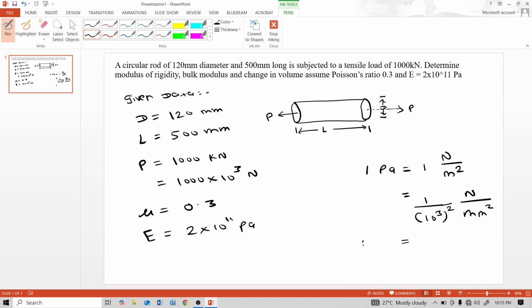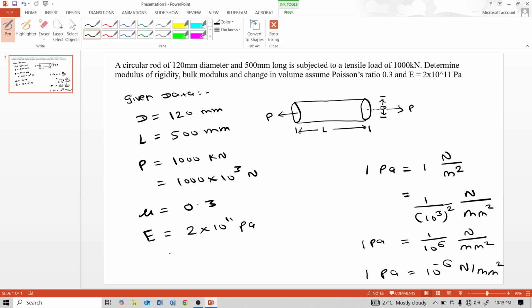Therefore 1 Pascal is equal to 1 upon 10 raised to 6 Newton per mm square, and 1 Pascal is equal to 10 raised to minus 6 Newton per mm square.